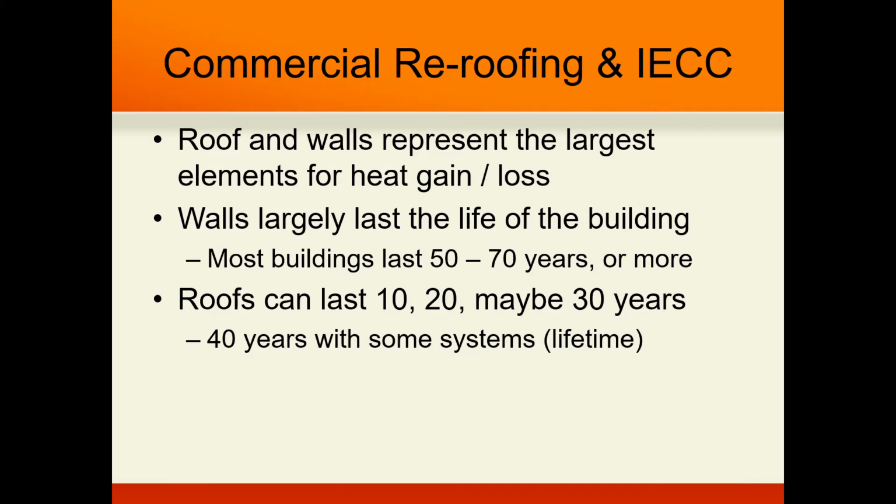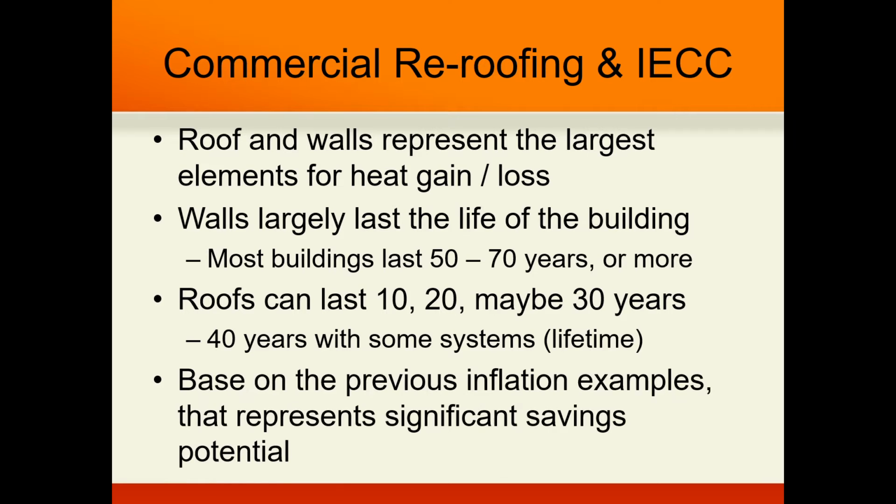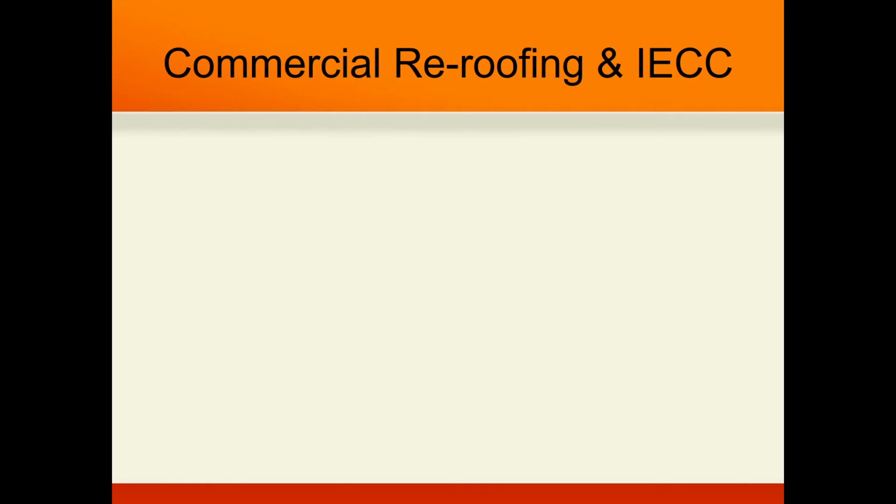Now, once in a while, if you get the right system, you can get a 40-year roof, which, by the way, most roofing warranties call a lifetime roof, but their lifetime actually means 40 years, really. Now, based on those previous inflation examples that we saw, we start to see how this represents significant savings potential. That's what this is all about.